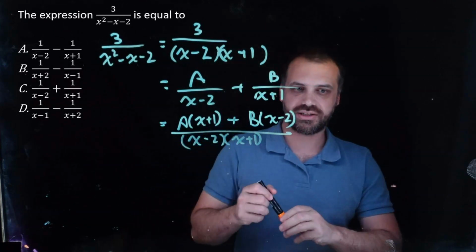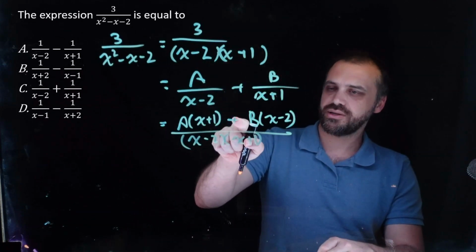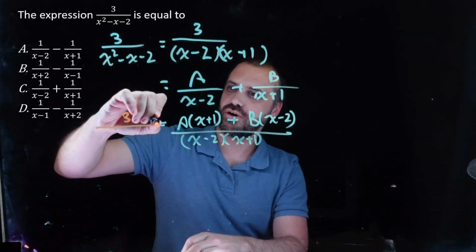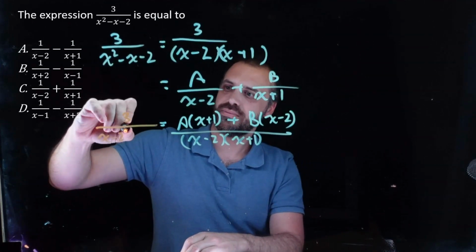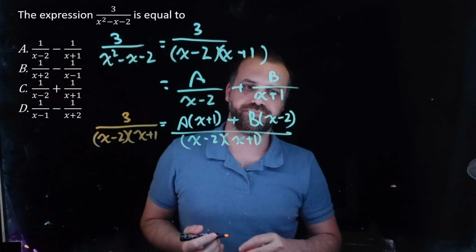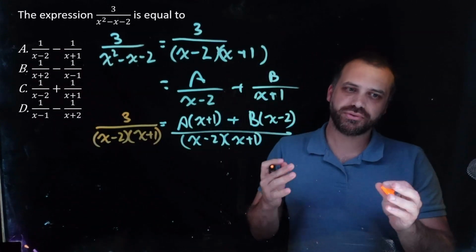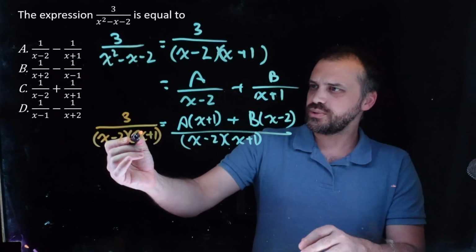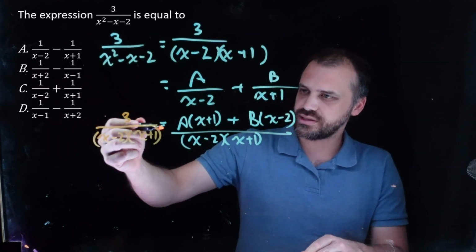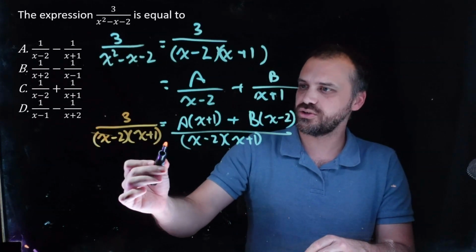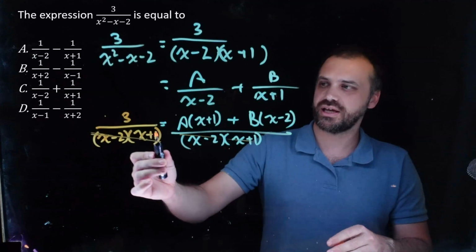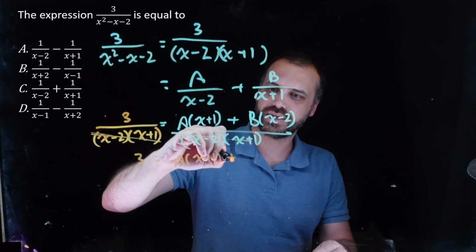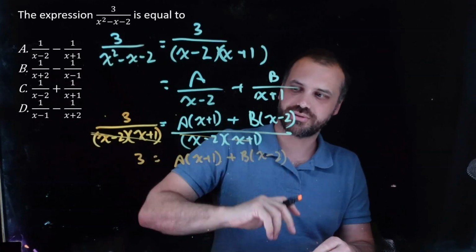We've got the fact that A(x plus 1) plus B(x minus 2) is equal to 3 over (x minus 2)(x plus 1). Something people forget when they're doing partial fractions. Now that we know that 3 over this is equal to this over this, we can just ignore that, right? We can just say 3 is equal to A(x plus 1) plus B(x minus 2).